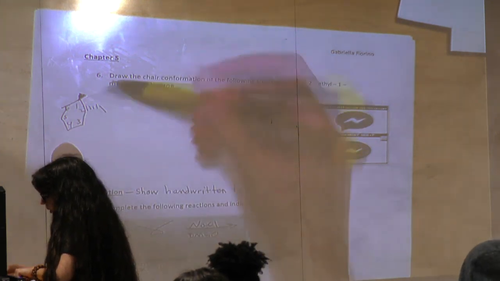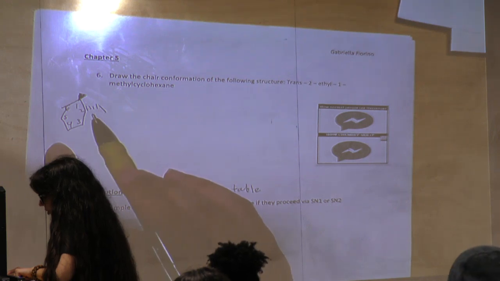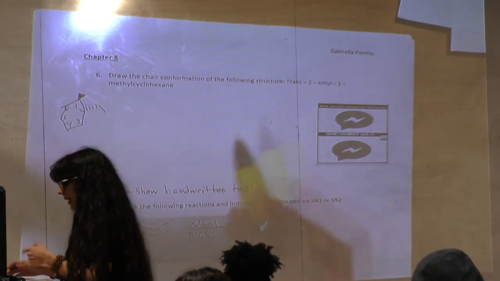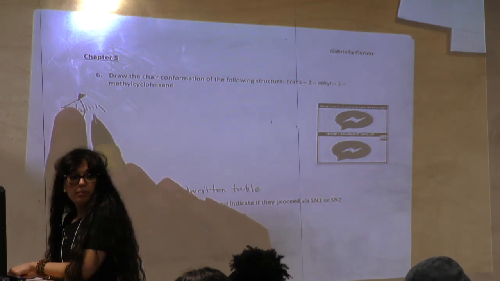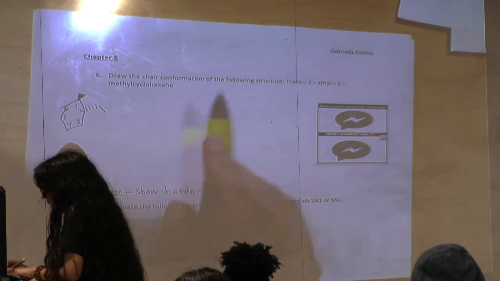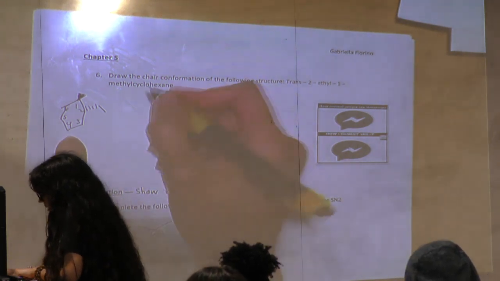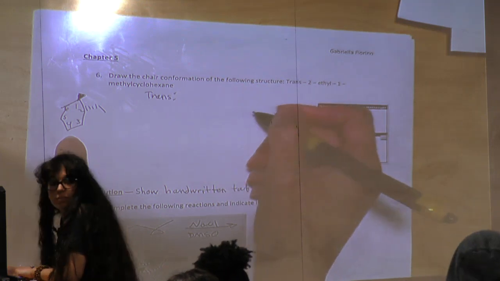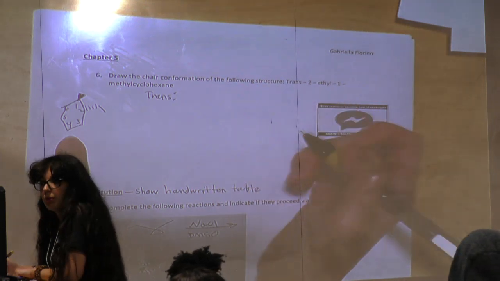I made my carbon 1 into a wedge and my carbon 2 into a dash. You could have done carbon 1 as a dash and carbon 2 as a wedge. It doesn't matter, just as long as they're trans, right? So trans just means you have one on dash, one on wedge. When you do chair conformation, how do you make something trans? It has to do with axial and equatorial.